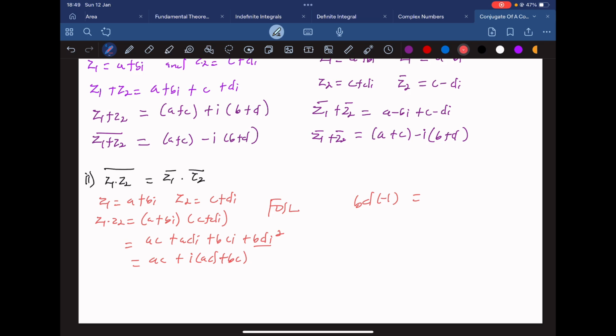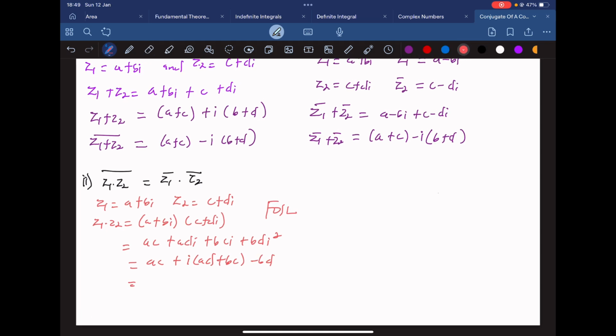And this is just minus bd. So we have minus bd here. So now in grouping the real terms, we're going to have ac, then minus bd, and the imaginary term is ad plus bc. So now let's solve the right hand side to see if we get the same thing.